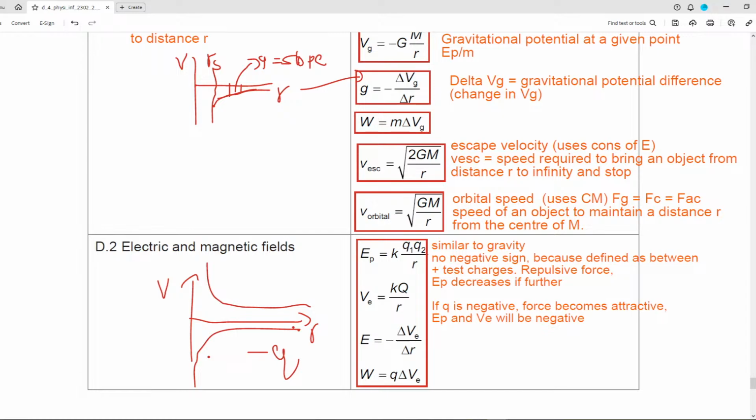So that's why when you go online and look at electric fields, you see those mountain things. You see something like a mountain and a valley. That's a V versus R graph. So you have a positive source here and a negative source over here.